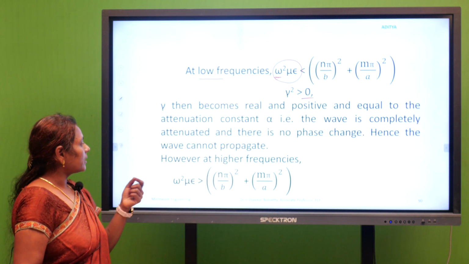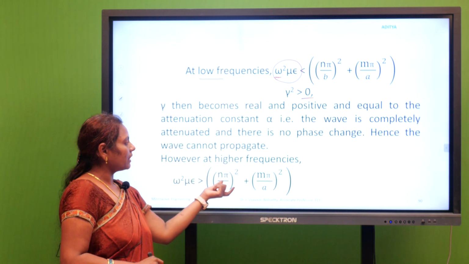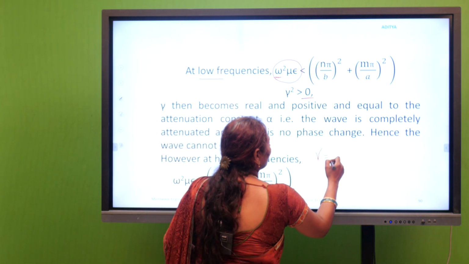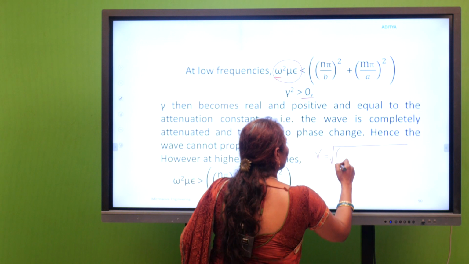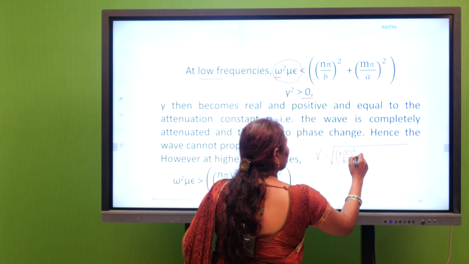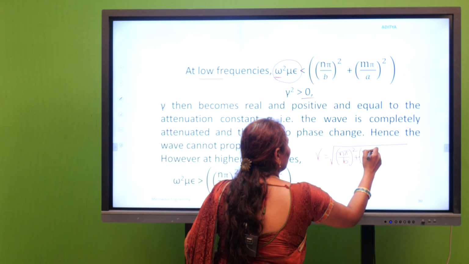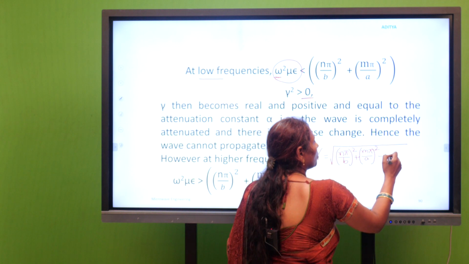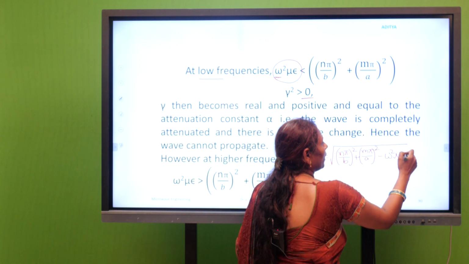At these frequencies, as this term is greater than this, what is our gamma? Gamma is equal to the root of (n pi by b) whole square plus (m pi by a) whole square minus omega square mu epsilon.